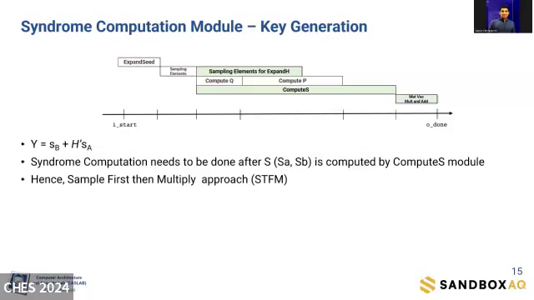In parallel, SHAKE is now assigned for computing the expand H. Once both computations are done, finally we perform the matrix vector multiplication and addition. Since in this case we need to sample first and then multiply, we use the sample first and then multiply approach.